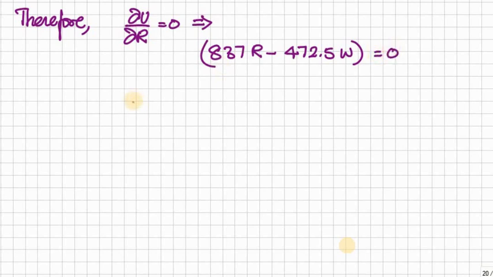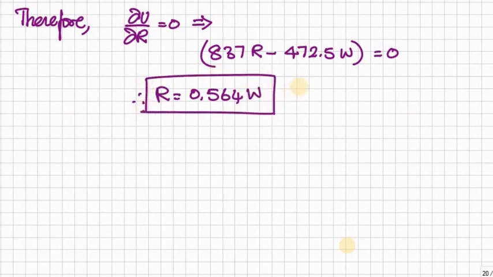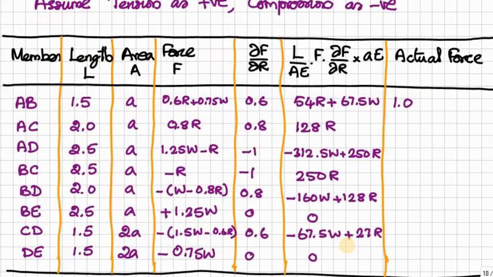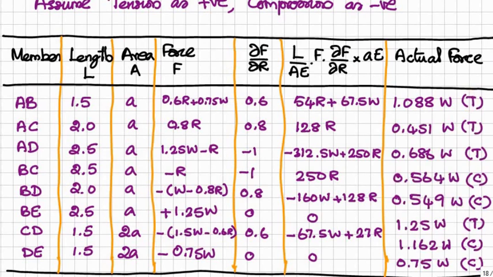So here we can directly get the R value, which is equal to 0.564 W. Now substitute this value in our table to get the final forces, or actual forces. So this is the actual force, that is the final force. Okay, so this is the end of the session.